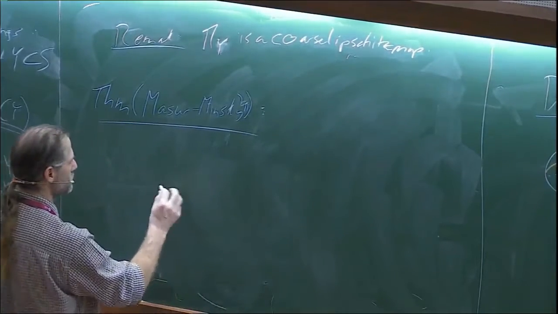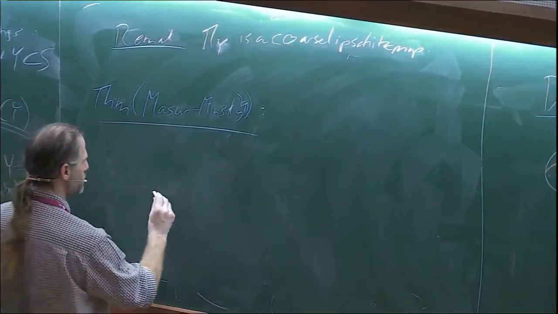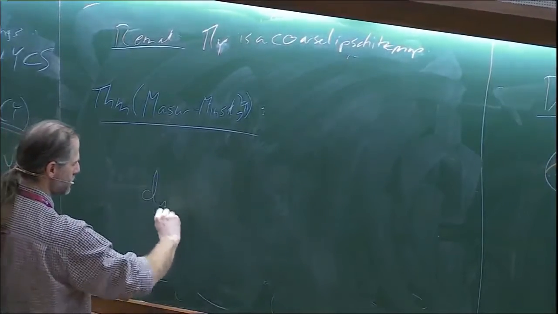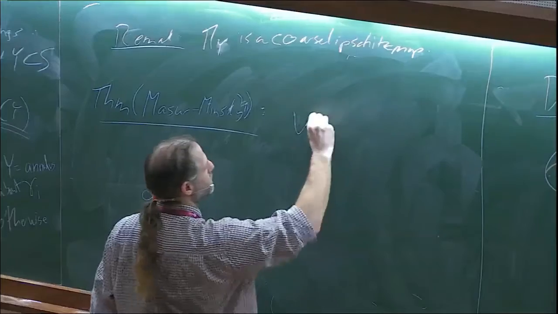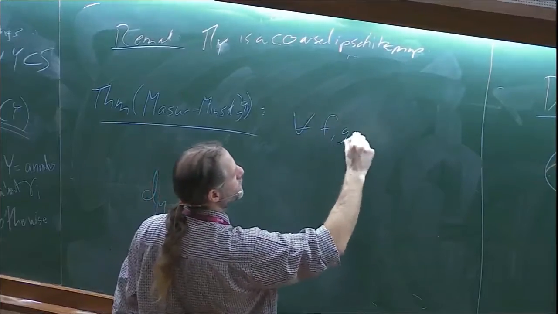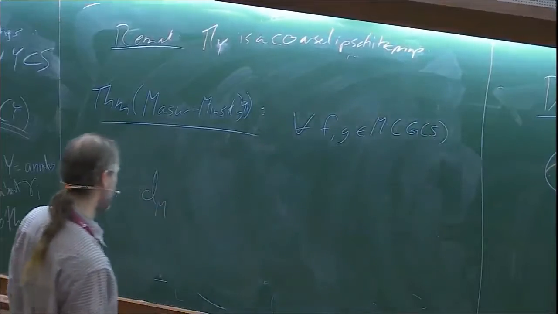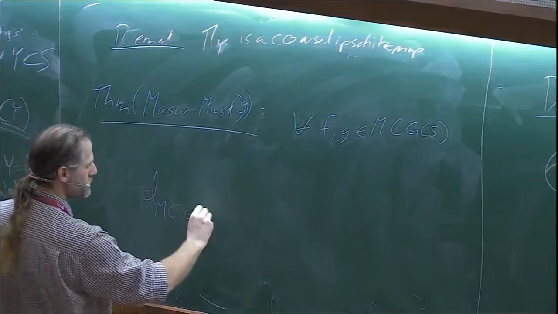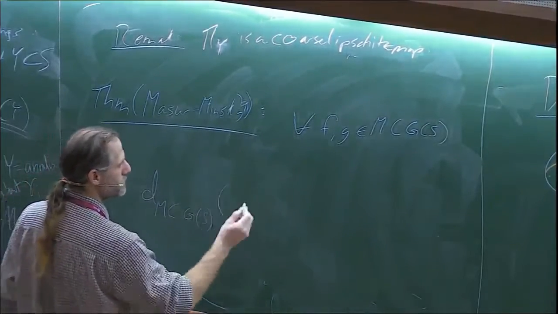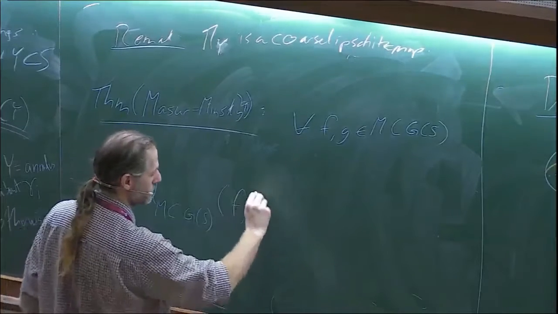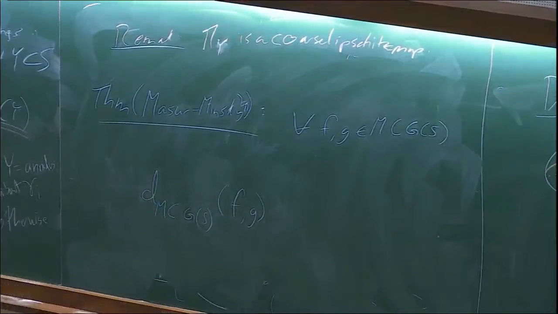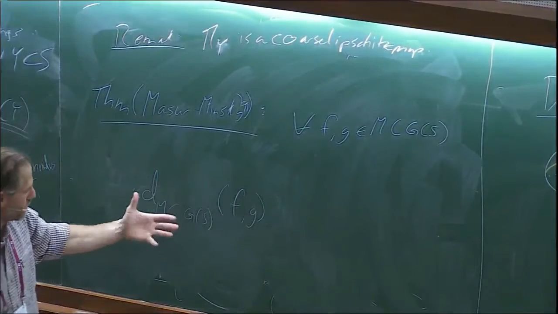So I'll put in the quantifiers in a second. Let me say roughly what the statement is. For every pair of elements in the mapping class group of S, you can measure their distance in the mapping class group. And by distance, I mean the word distance, which is well defined up to quasi-isometry.